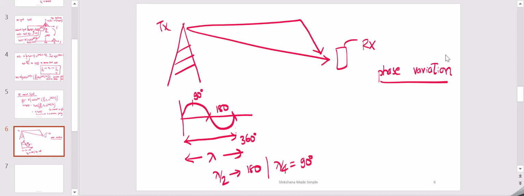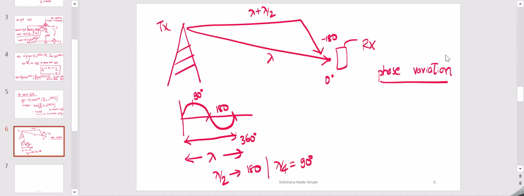So let's say this has the distance of lambda, which is coming here. The signal will reach here with a 0-degree phase shift, and let's say this one travels lambda plus lambda by 2. So this will reach with a 180-degree phase shift, and for now, let's say both signals are the same, and even the amplitudes are the same.